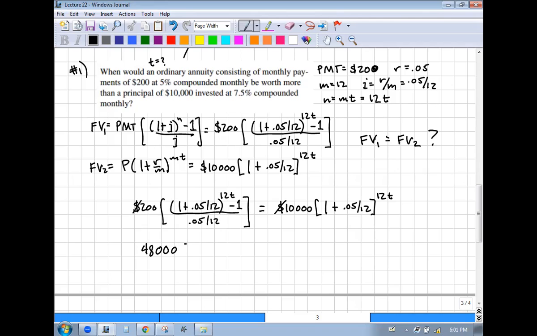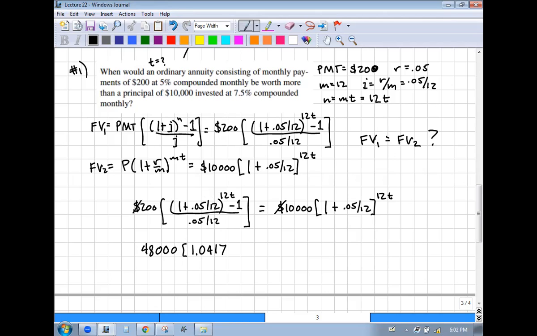And then I have times, let's simplify this guy in here too. So I have 0.05 divided by 12, add 1. So this is 1.0417. I'm going to keep 4 digits here.